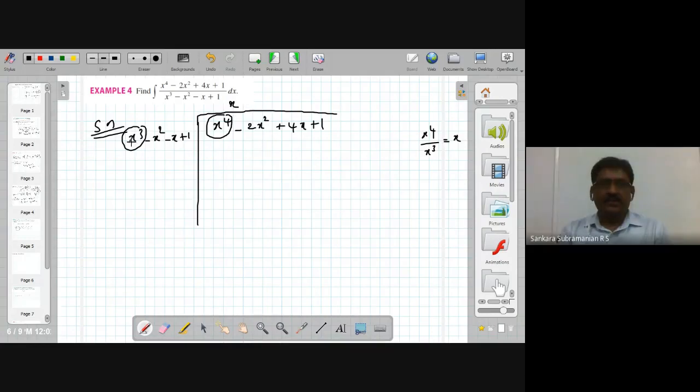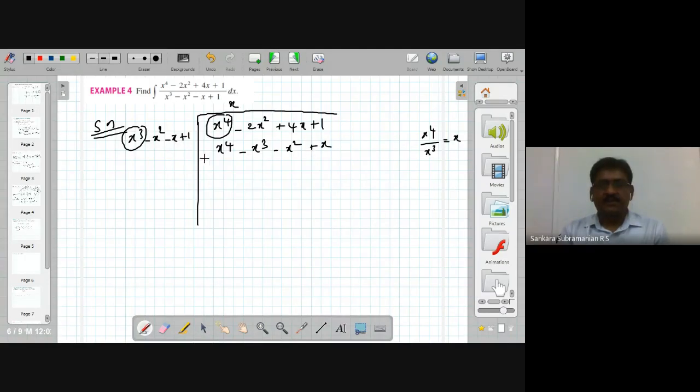You have to multiply throughout. Please listen and then question. Doubt if you have, only then ask. x to be multiplied throughout. You get x to the power 4 minus x into minus x square is minus x cube, and this is minus x square, and this is plus x.